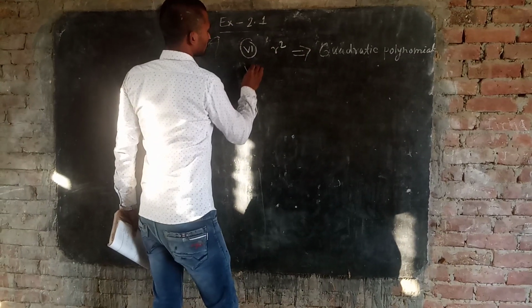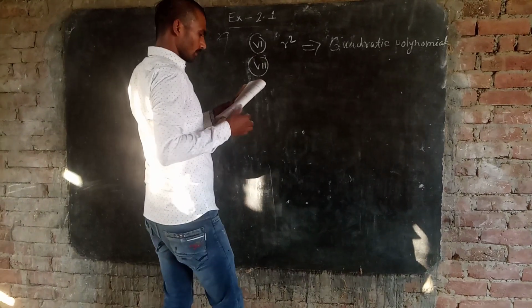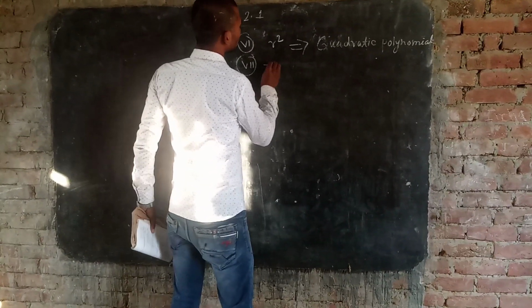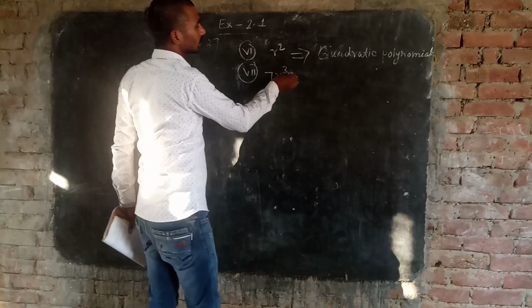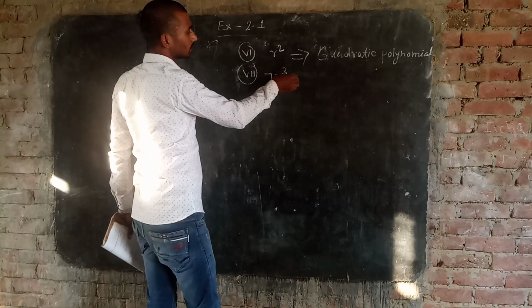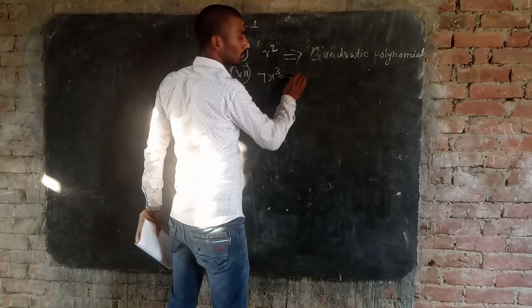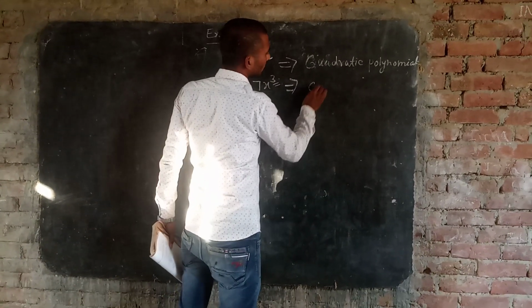Question number 7, 7x cube. This polynomial has highest power 3. If it has highest power 3, so this polynomial is a cubic polynomial.